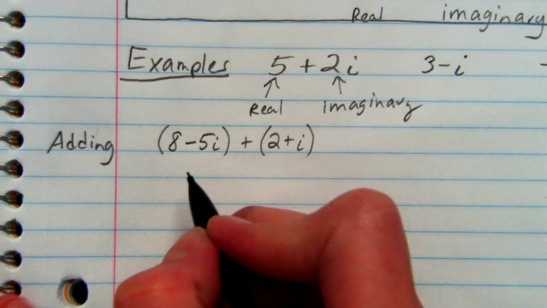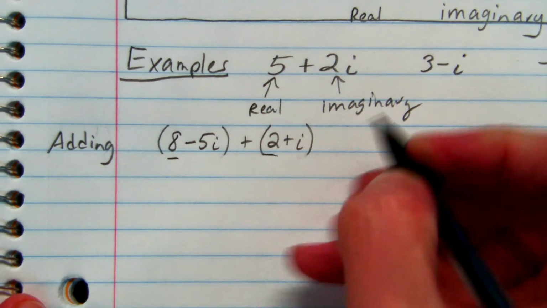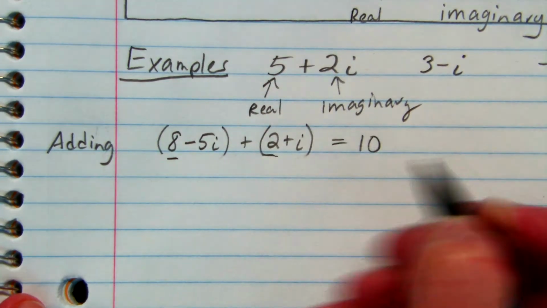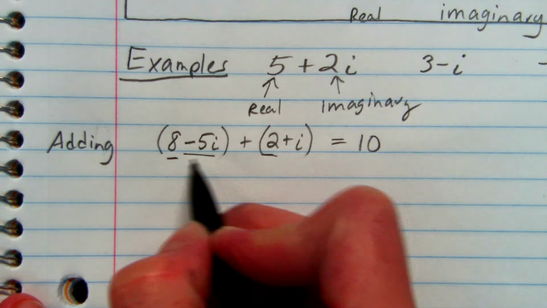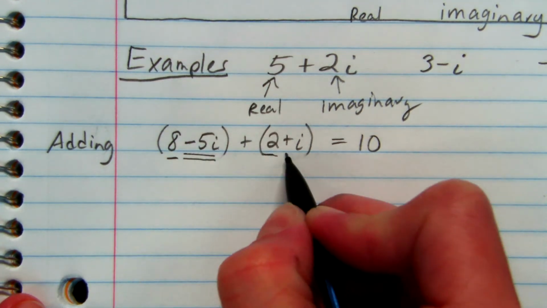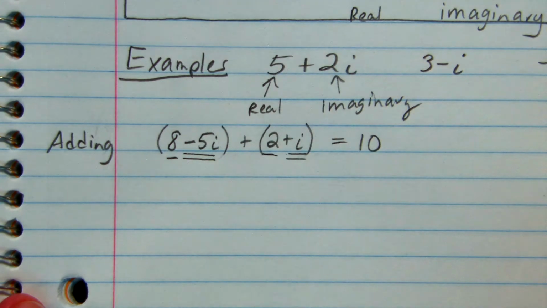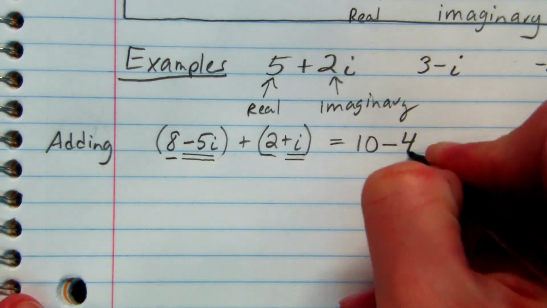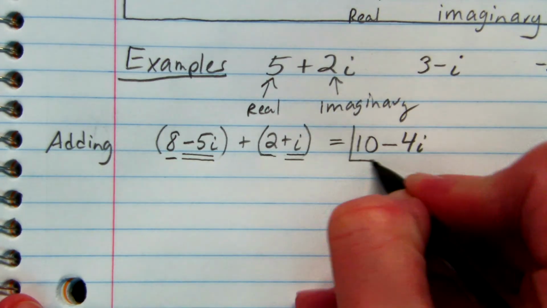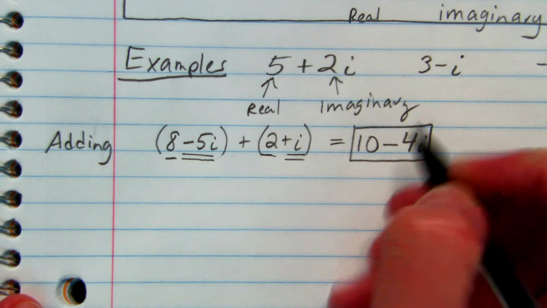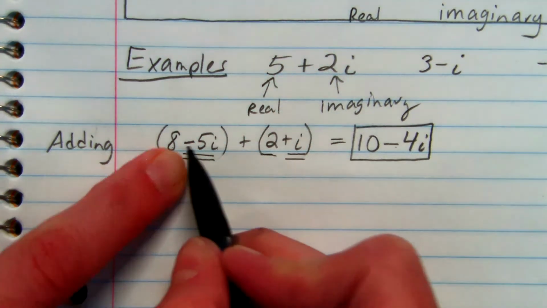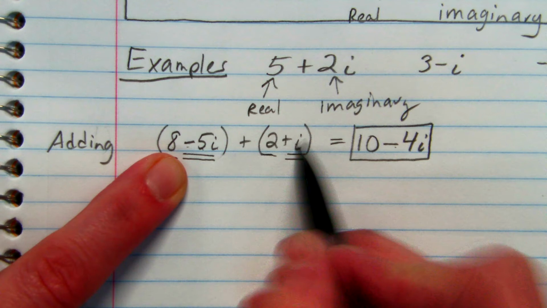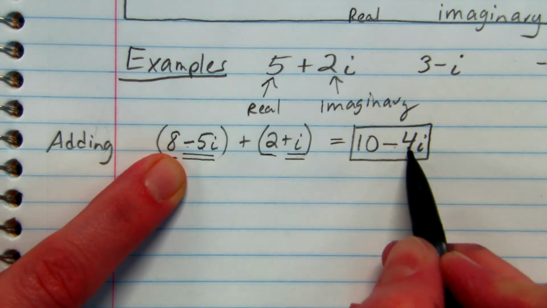So 8 and 2 are the real parts, so you can add those and get 10. And then remember that this minus sign goes with the 5i, so the minus 5i and the plus 1i would go together, and it would be minus 4i. So you just change that to a minus sign since it's negative 4. You get 10 minus 4i. So 8 plus 2 is 10. Negative 5 plus 1 makes negative 4.